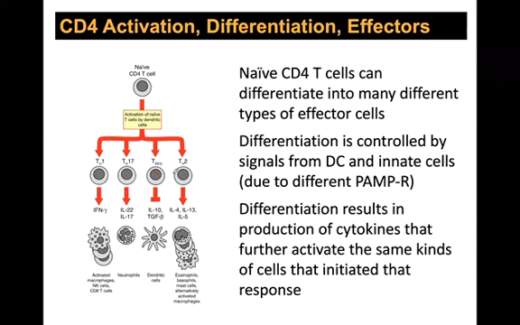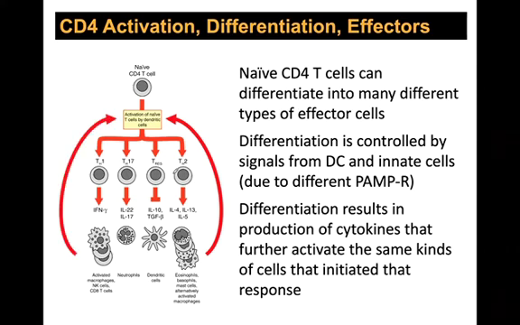Okay, so we're going to stick with these four main helper cell subtypes. We won't discuss the other ones that are possible, but they're really just different flavors of these. Now one important part of this is that as you start activating these other cells, there's a feedback. As you activate eosinophils and basophils, your granulocytes, they start making more of the cytokine that directs a Th2 response.